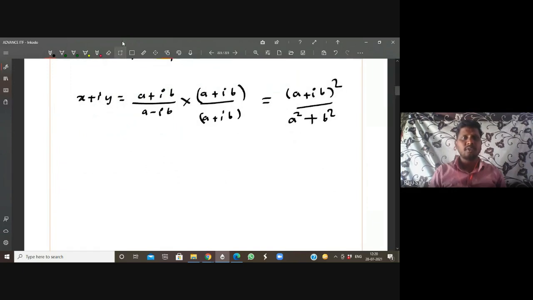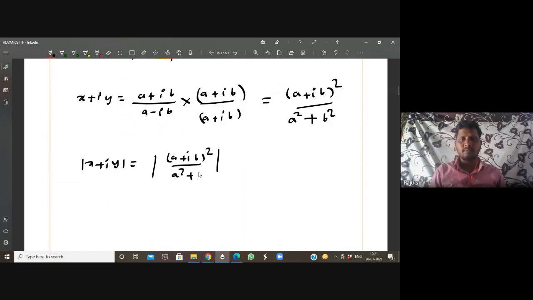Clear. Now after that, what shall we do here? Now this is clearly directly in the form of a denominator; we don't have any iota terms. Now take modulus on both sides. When we apply the modulus on both sides, whole modulus of a plus iota times of b, the whole square by a square plus b square.